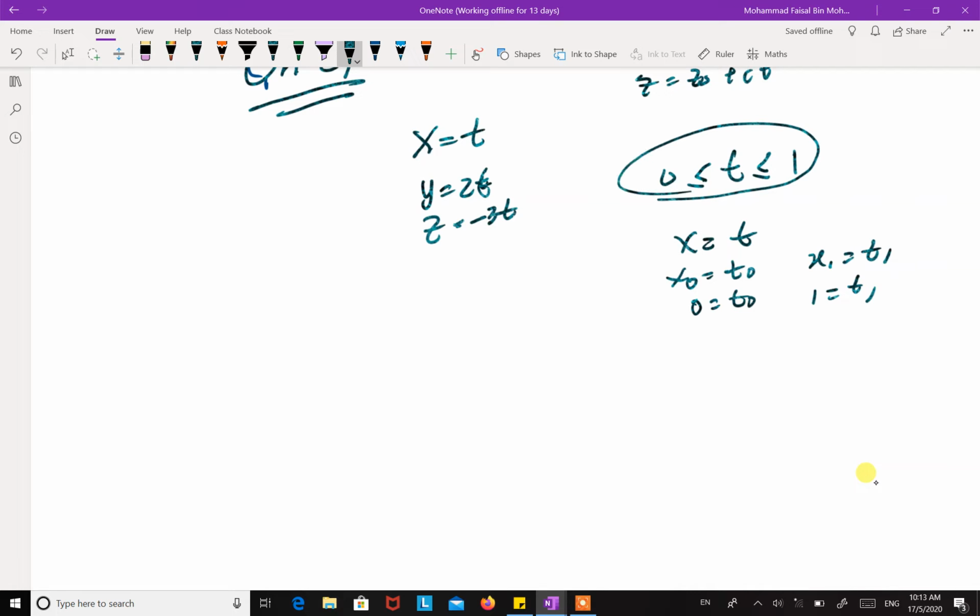Now your r is t i plus 2t j plus negative 3t k.